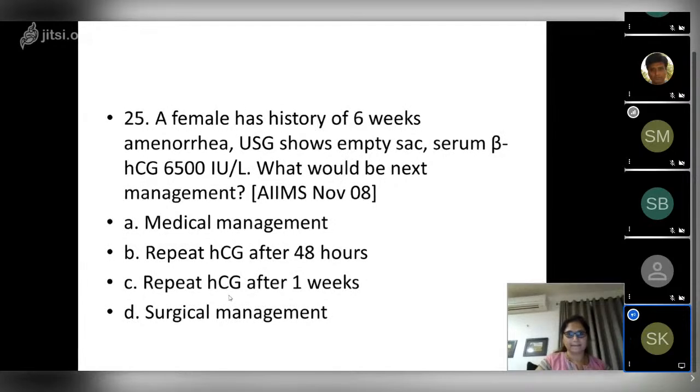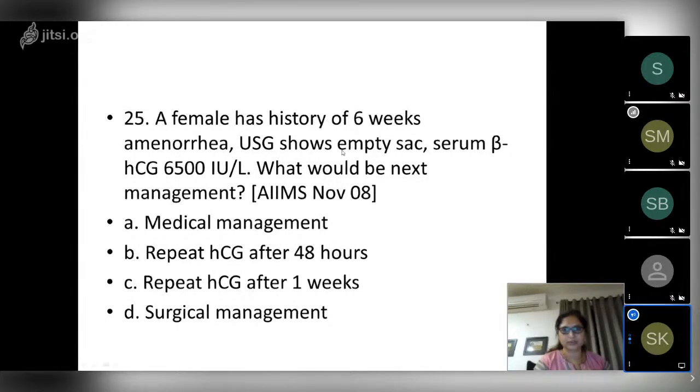So first of all, what is the diagnosis in this case? A female with a history of 6 weeks amenorrhea. USG shows empty sac. Actually, it is an empty uterus probably. And serum beta HCG level is just 6,500. What would be the next management?